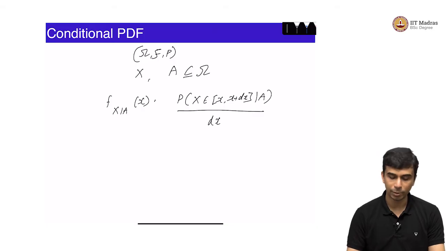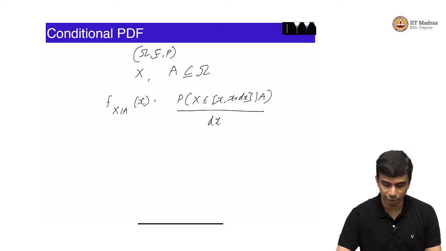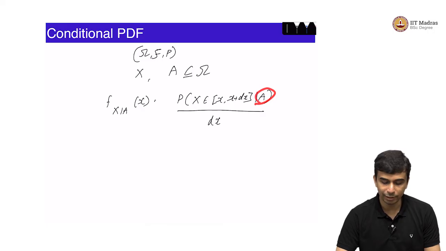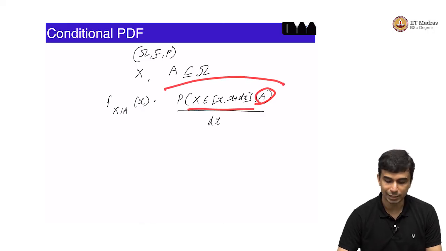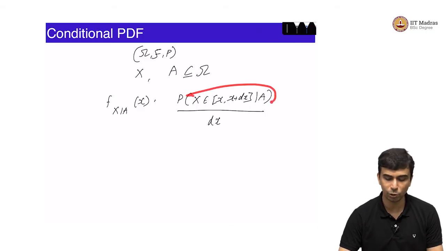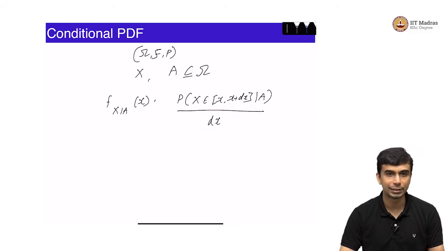You can see the conditional probability density function is the same as the standard PDF, just that instead of the probability of X belonging to x to x plus dx, you have the probability of X belonging to x to x plus dx given A. Because A is an event and this is also an event, this as a whole is a valid argument for a probability function, and you have a dx here the same way that you have for the standard PDF.